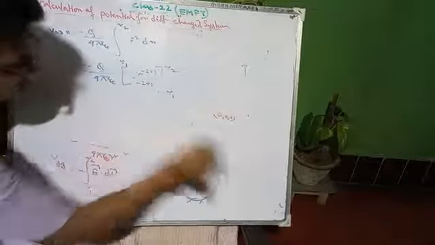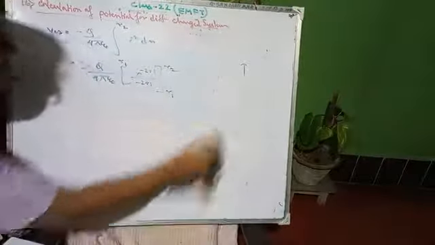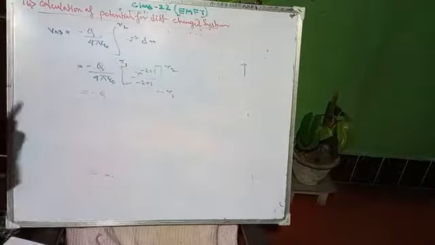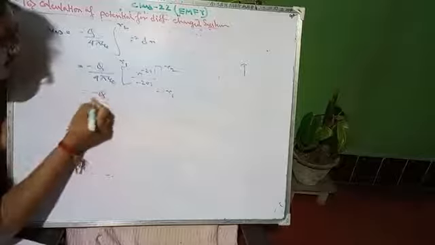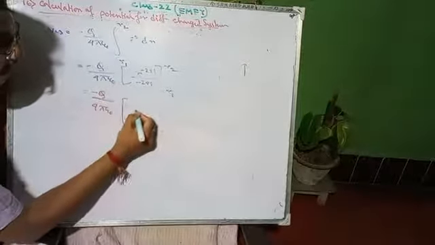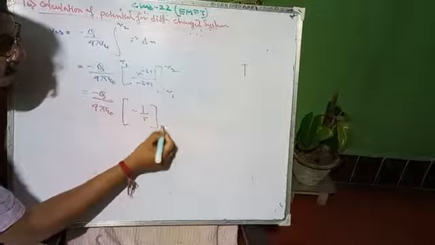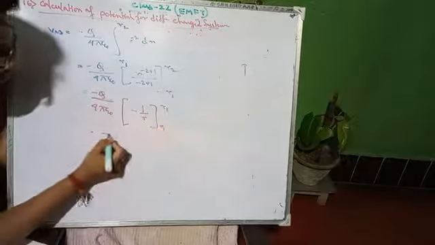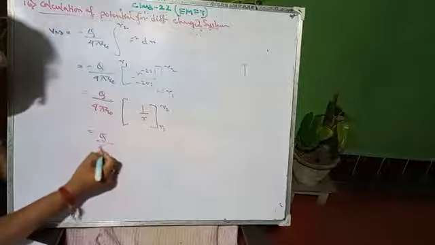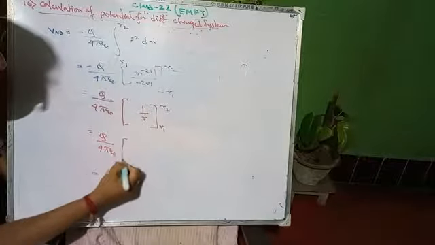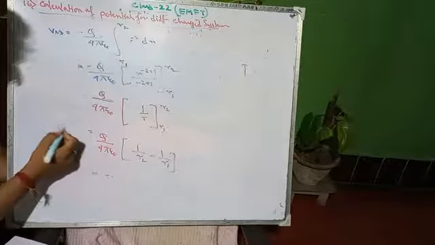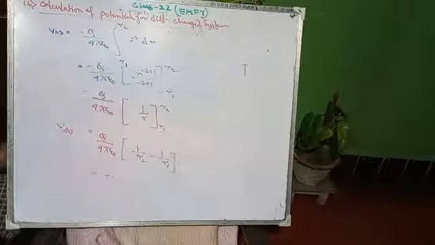So equals minus q by 4 pi epsilon naught times minus 1 by r, with limit r1 to r2. Minus minus, taking as a plus, so q by 4 pi epsilon naught times 1 by r2 minus 1 by r1, that will be VAB.